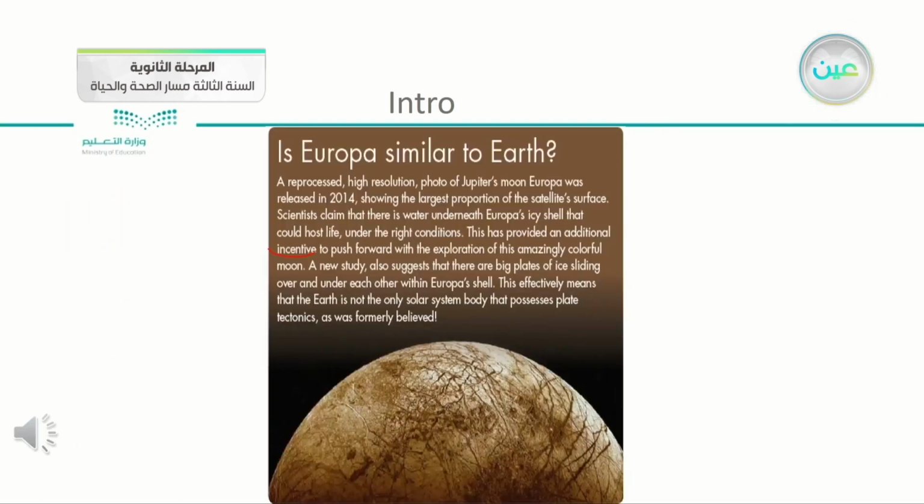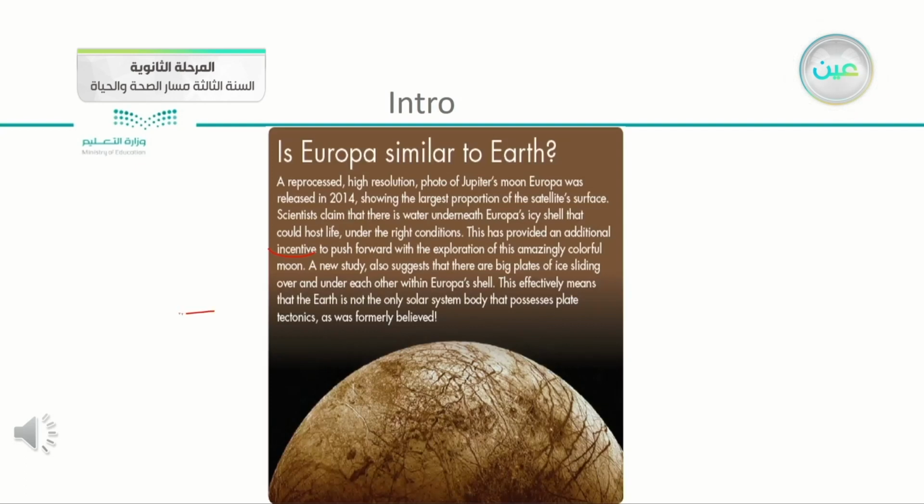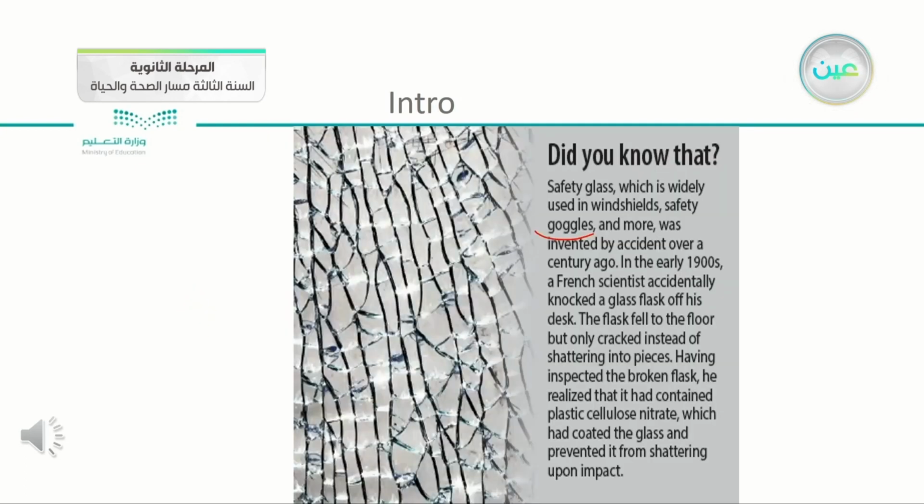After that is Europa, similar to Earth. This one is very obvious. It is a breakthrough in space exploration. Number 3, safety glass, which is widely used in windshields, safety goggles and more, was invented by accident.